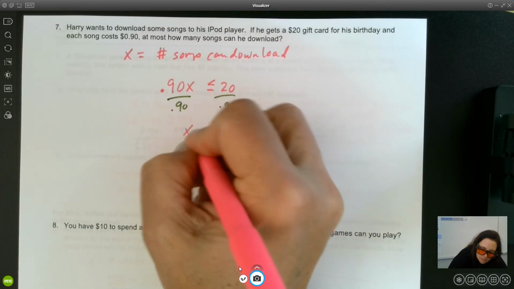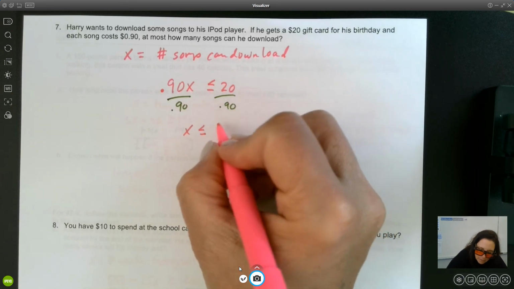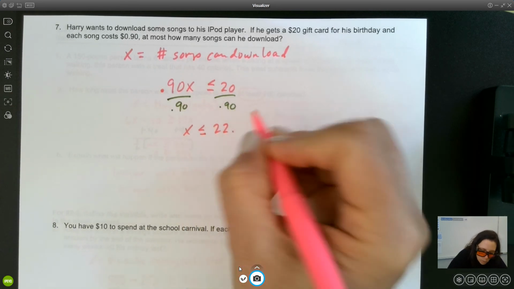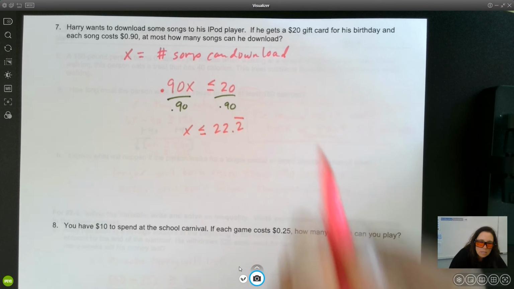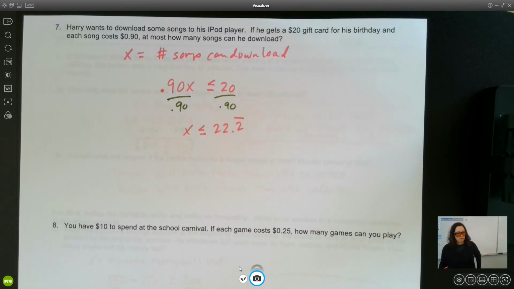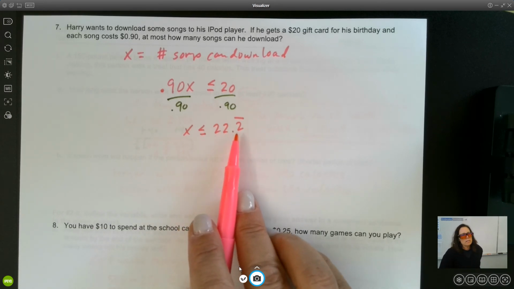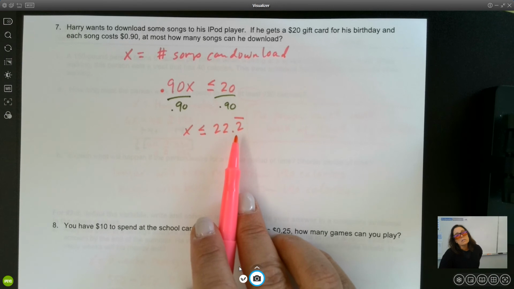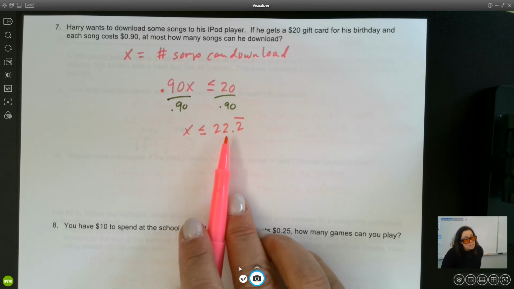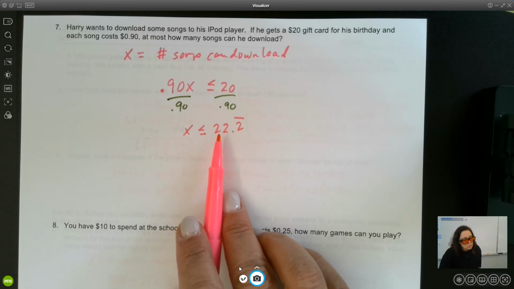It comes out to this yucky 22.2222 repeating is what you'd see in your calculator. Okay, less than or equal to, okay, you're not going to get this 0.2 repeating of a song. Less than or equal to this, you guys coming up with 22?